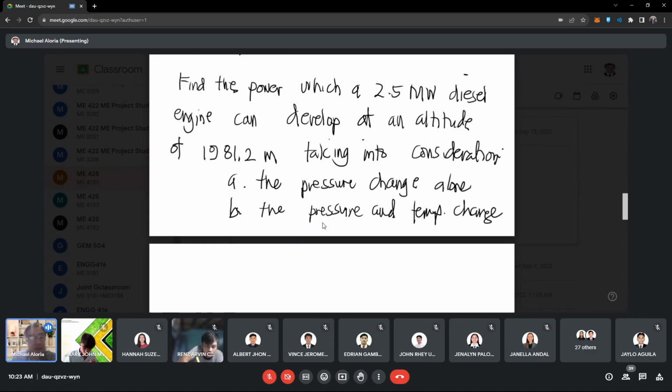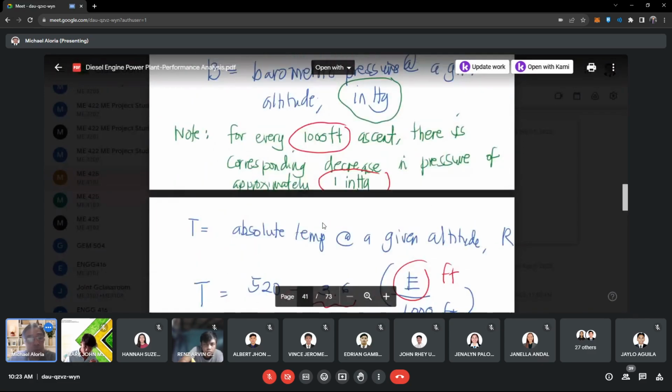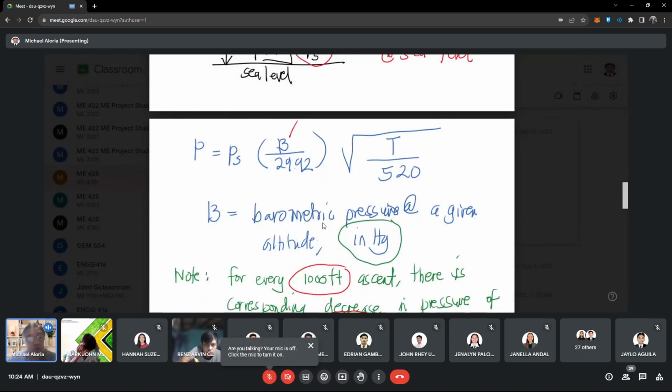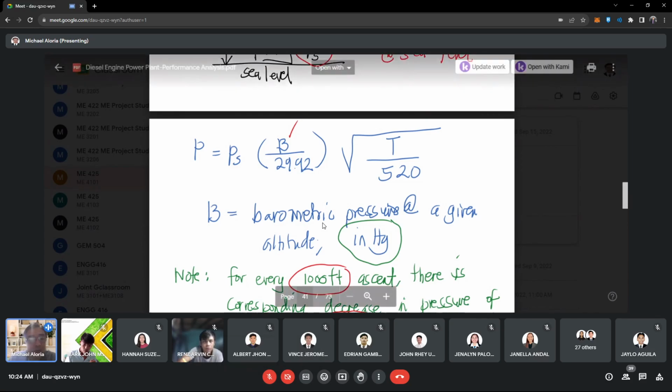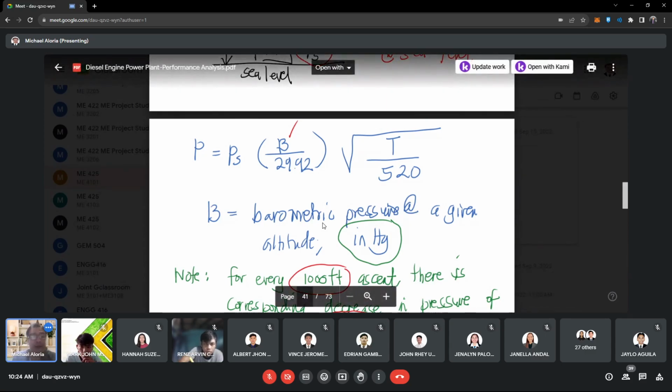For letter A, ang gagamitin mong equation ay P is equal to PS times B over 29.92. Hindi mo i-consider ang temperature factor; negligible, so meaning 1. Sa letter B, gagamitin mo lahat: PS times B over 29.92 times square root of T over 520.